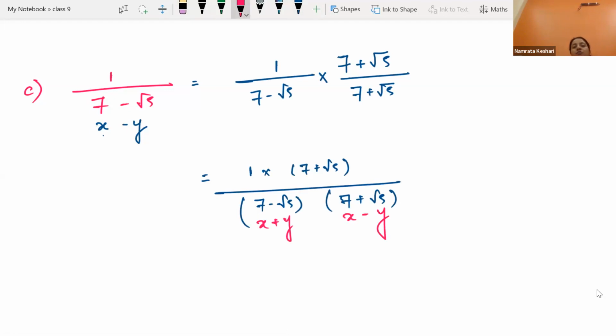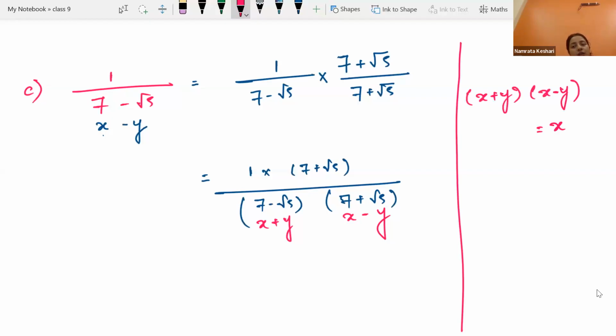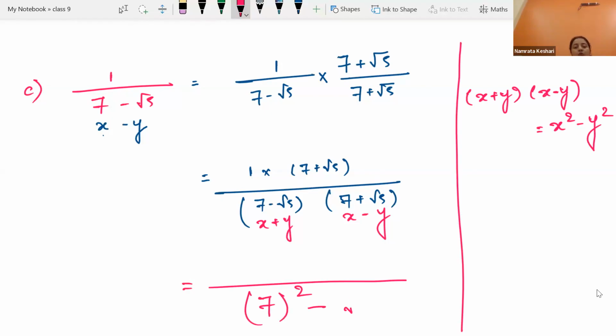Have you seen this formula that in one bracket x plus y, in another bracket x minus y, that is equal to x square minus y square? Yes, ma'am. Due to this reason, we want to use this formula. That's why whenever we see x minus y, quickly we will multiply with x plus y in numerator and denominator. Due to that our denominator will become x square, that means 7 square minus root 5 square.